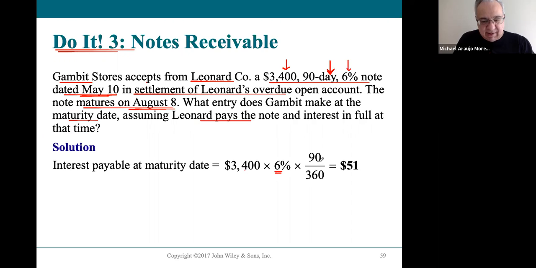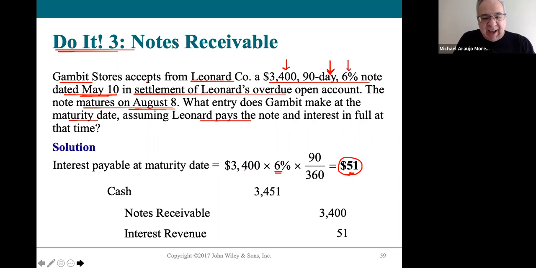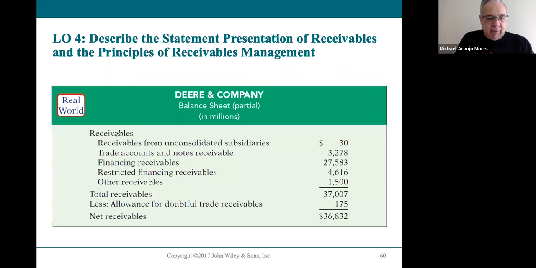When we do days, this is how we do it. $51 is interest that we're going to earn on this. So we're going to be collecting $3,451 in cash. $3,400 of that is the original note, so that's been paid. $51 of that is interest we earned on that note, so that's revenue. And that's learning objective 3.